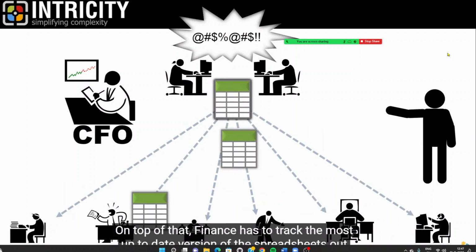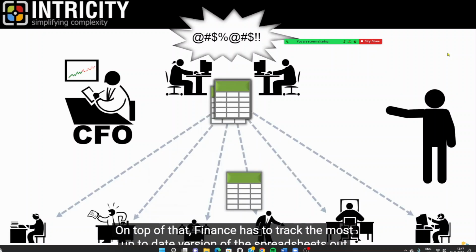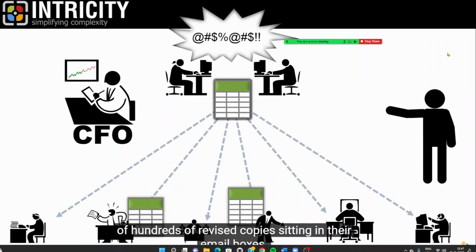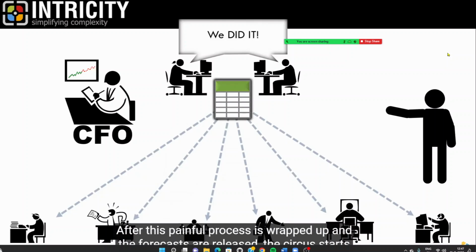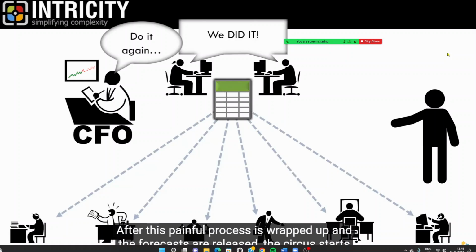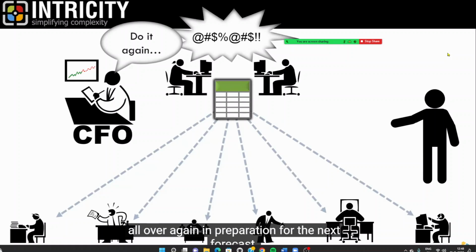On top of that, finance has to track the most up-to-date version of the spreadsheets out of hundreds of revised copies sitting in their email boxes. After this painful process is wrapped up and the forecasts are released, the circus starts all over again in preparation for the next forecast. So as you can see, budgeting and planning is an Excel nightmare.